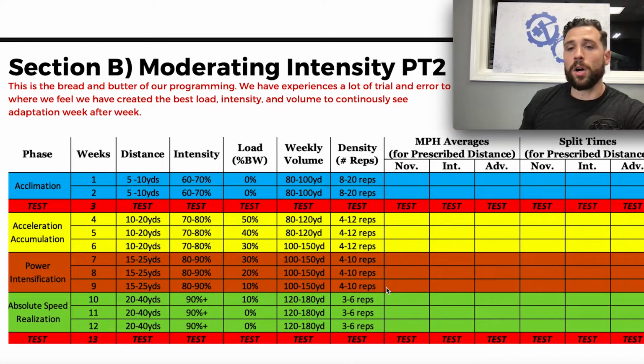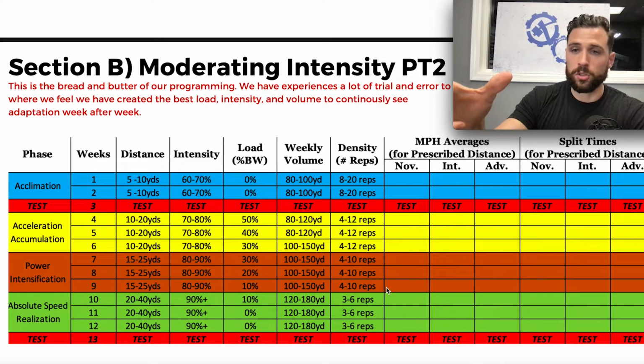As I move on though, I look at my split times. This is per prescribed distance. An individual who has a poor split time, I know this is probably a biomechanical issue, but it's also a strength deficiency issue, because those first 0 to 2 steps tell me a lot about where this individual is. 25% of max velocity could be achieved in step 1 based off split time, and 40% of max velocity by step 2.